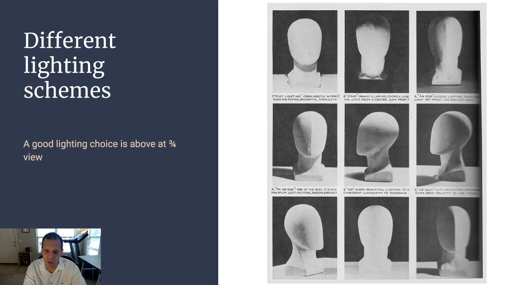That's the 3/4 top side view. If you have a light source, say a spotlight or a lamp, above the subject and going toward the subject at a 3/4 view, this will give you a really good option to get maximum light, halftone, shadow, and reflected light. This will give you the three-dimensional form that you're looking for on a subject.